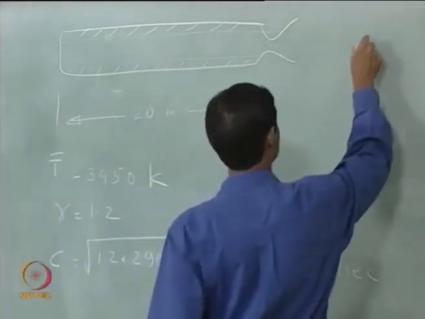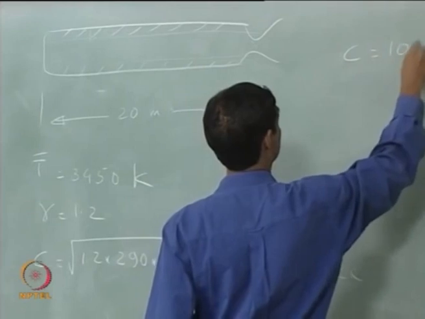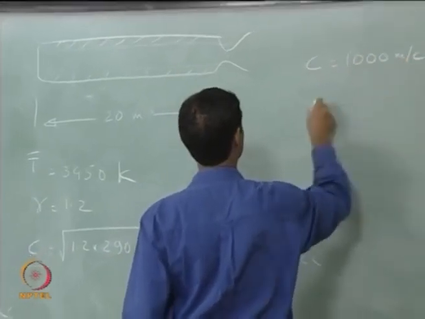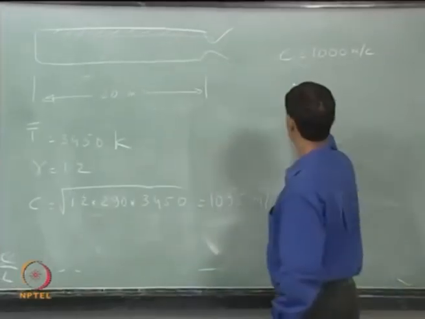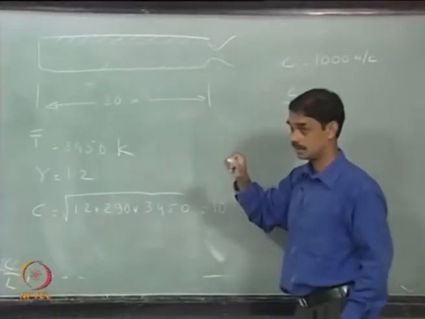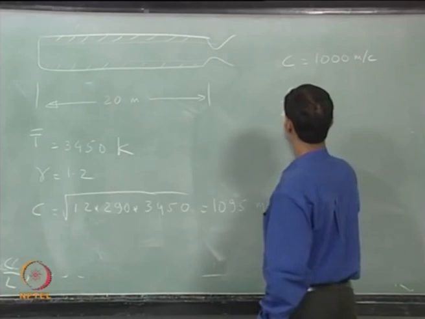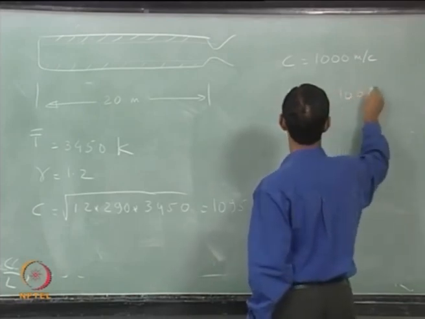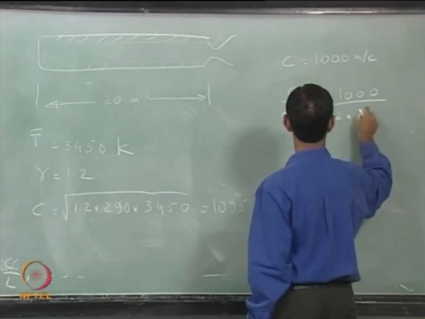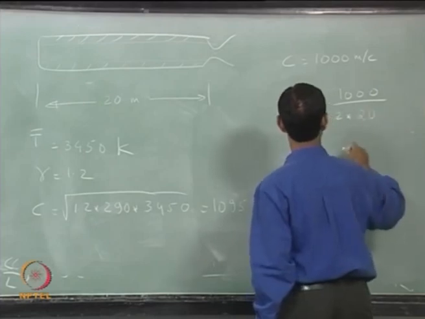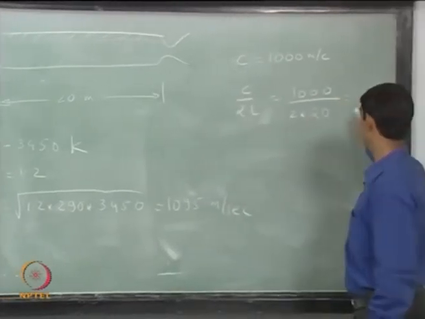So let us say c is 1000 meter per second. So what would be the natural frequency? C over 2L, right? So C is 1000 divided by 2 into 20. So this would be 25 hertz.